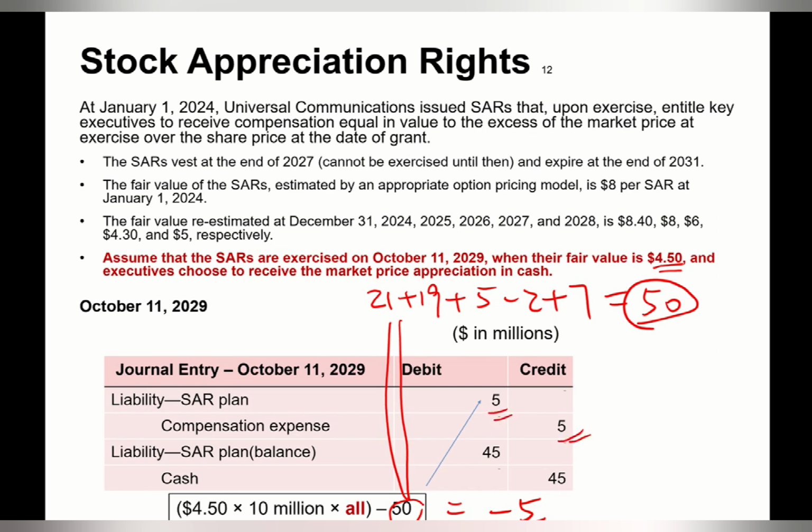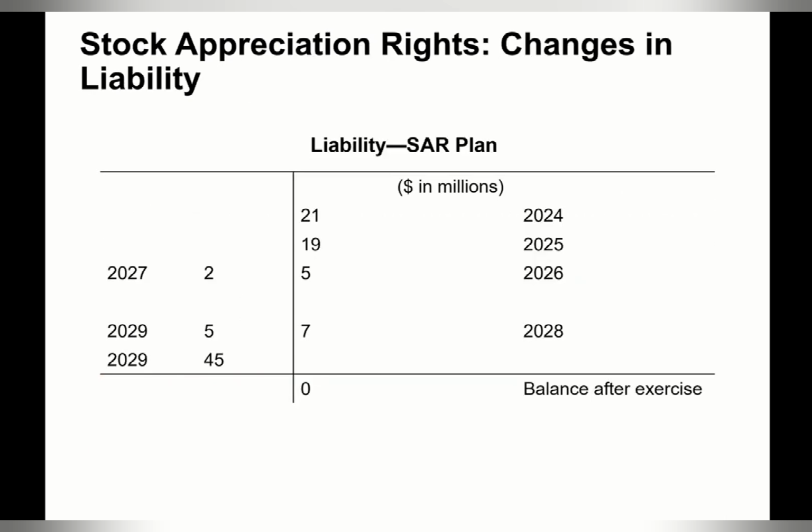And don't forget to recognize the exercise. The exercise will be paid in cash, so cash is reduced by 45, which is 4.5 times 10 million shares, and the liability reduced by 45. So this is the T account.